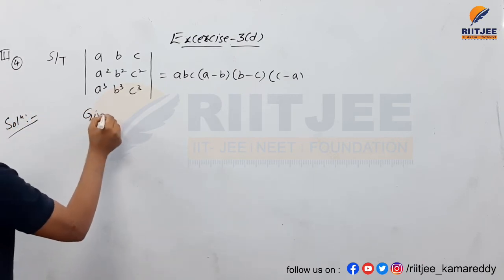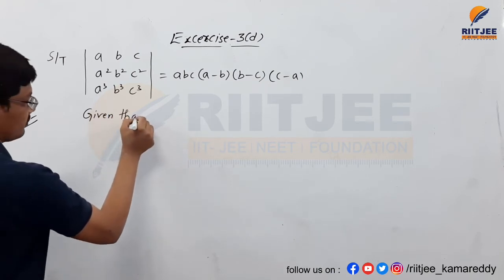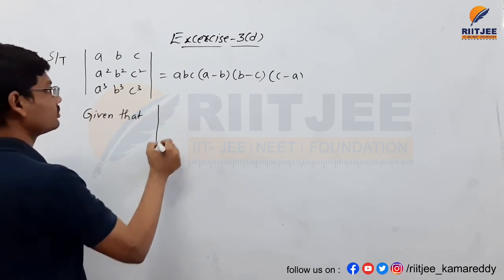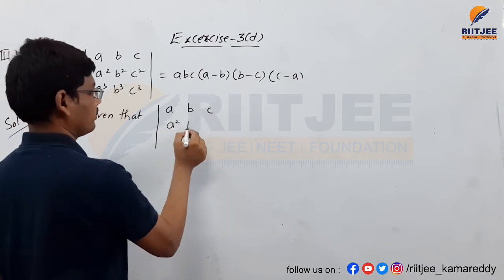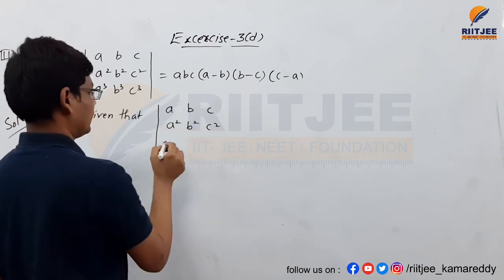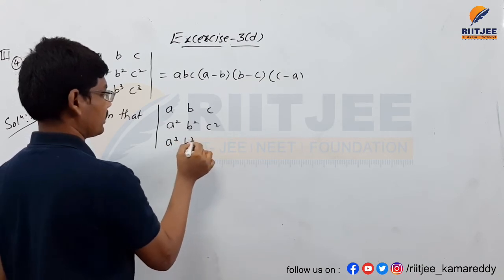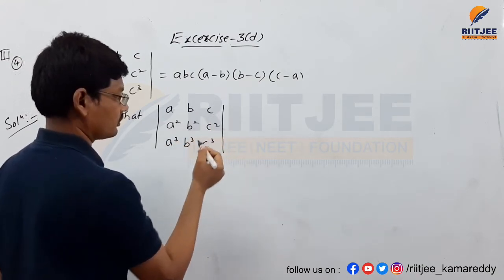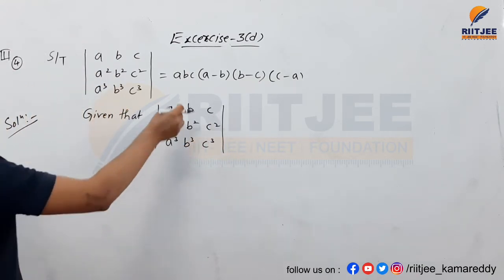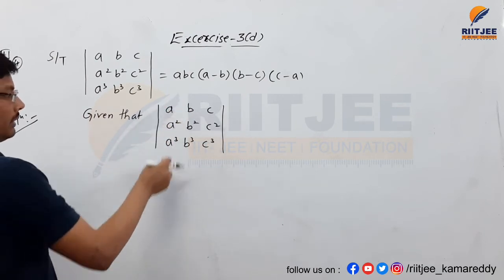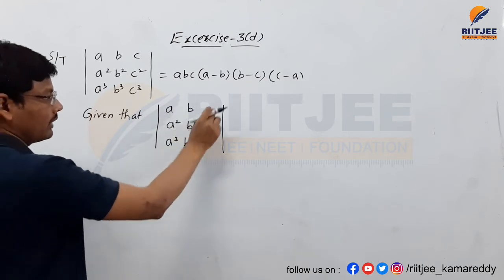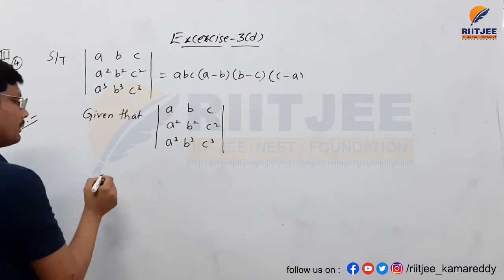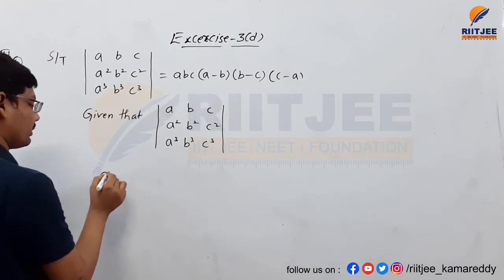Given that the determinant with rows a, b, c; a square, b square, c square; and a cube, b cube, c cube. I am taking common a from the first column, b from the second column and c from the third column, so abc combined as common.